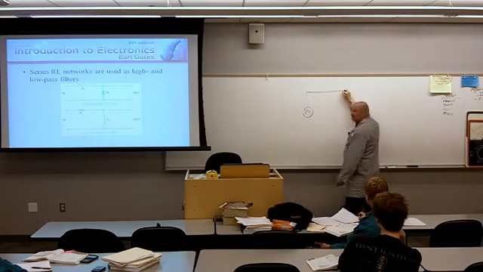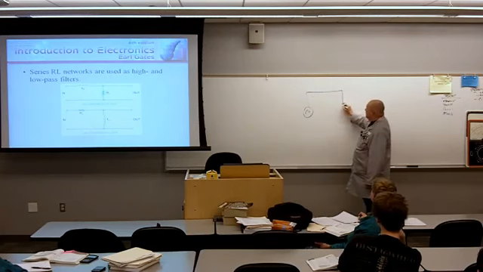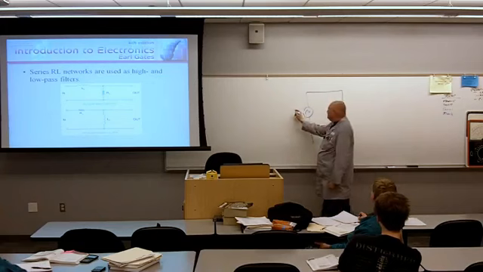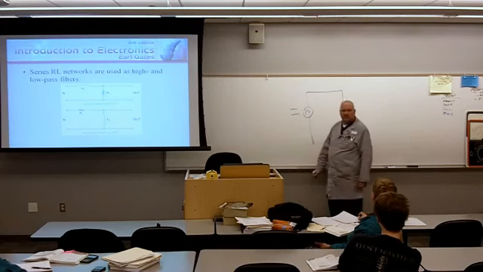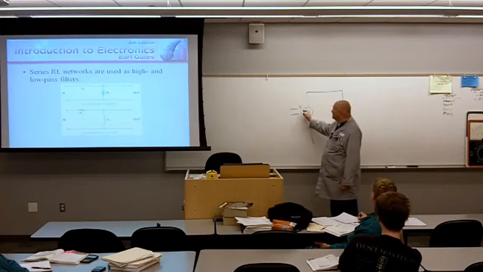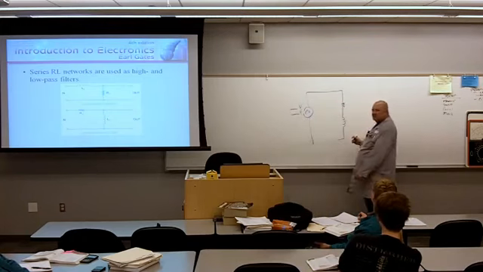AC, series, R, L circuit. If it's AC, there's going to be two parts to AC. What are the two parts? Voltage and frequency. Absolutely, we have to have these two parts. If it's a resistor, it's measured in ohms.